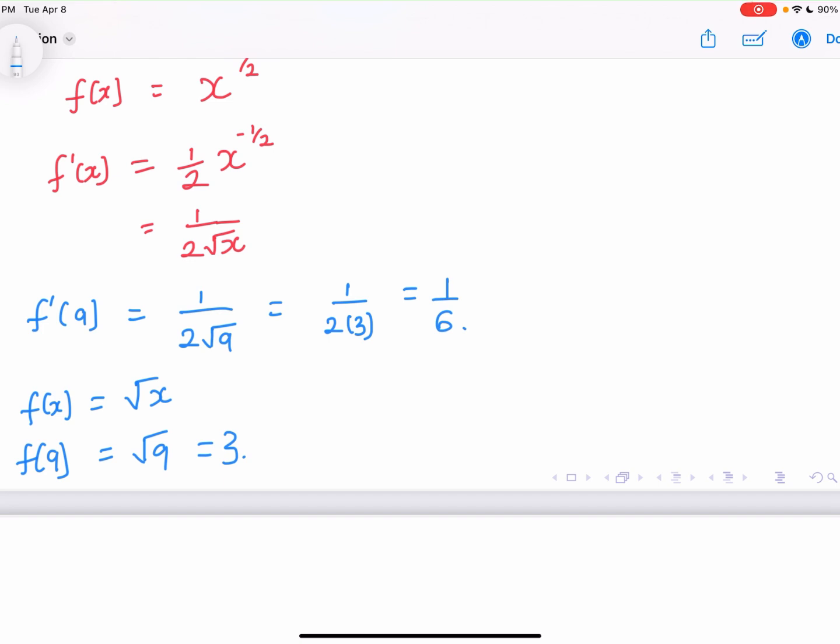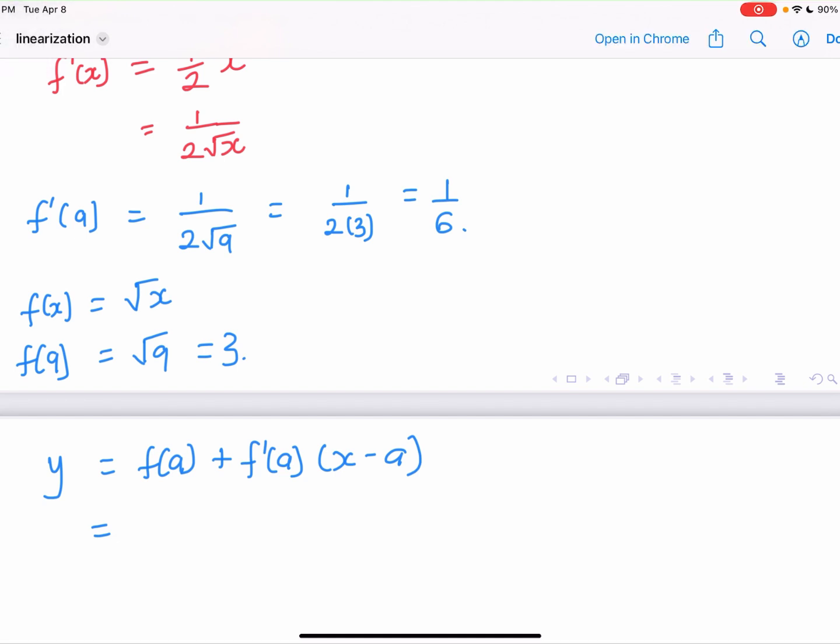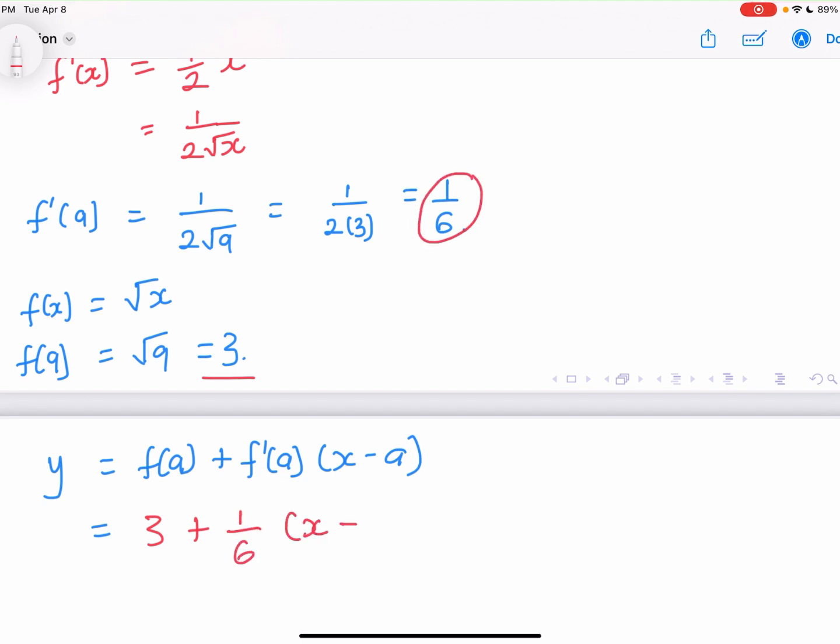So our linearization will be giving us y is equal to f of a plus f prime of a x minus a. So we are going to have, what's f of a? That's 3. 3 plus what's f prime at a? That's 1/6. Then x minus what's a? A is 9.